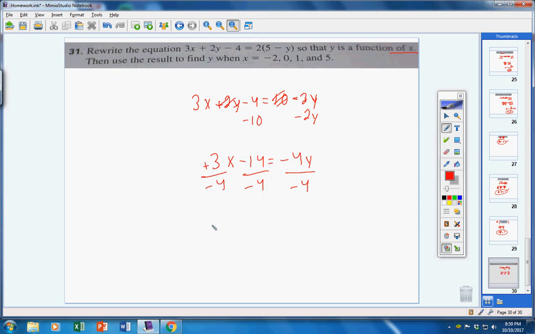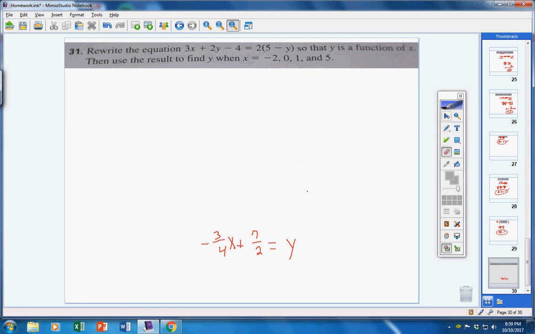A positive over a negative is negative 3/4 x. A negative over negative is positive 7 over 2. Over here, negative 4's cancel, leaving you with y. So I know I'm done because y is all by itself.